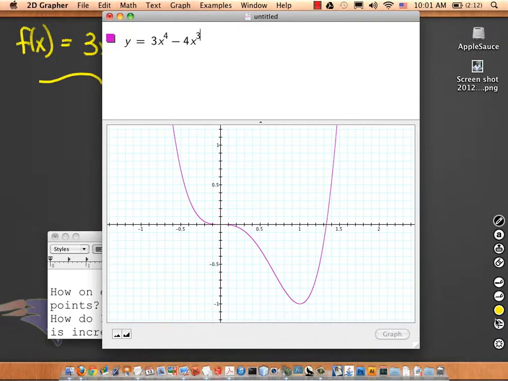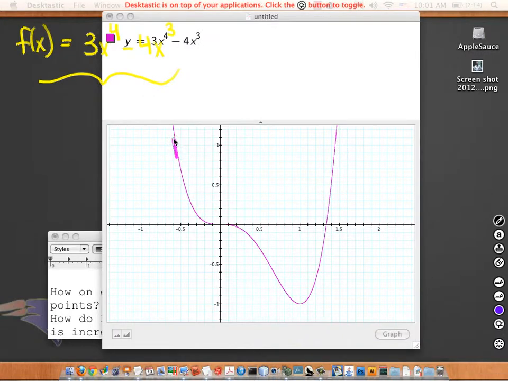So what I do is I look at the tangent lines. There's a tangent line here, and here, and here. All of these tangent lines right here indicate that this is decreasing, until you get to here.